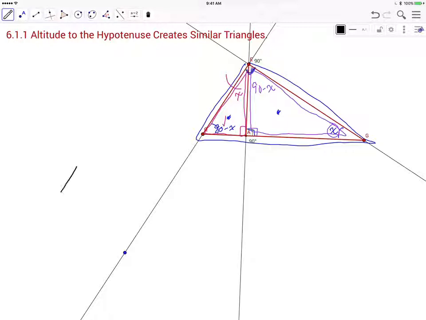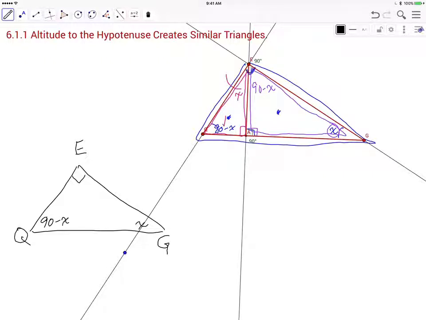The large, right? And here's the right angle up here. Here is E. Here is Q. And here is G. It's awkward that they're a little bit the same, right? So this is the x angle, and this is the 90 minus x over here. Now, if I redraw the purple, I'm going to do this in purple, why not?